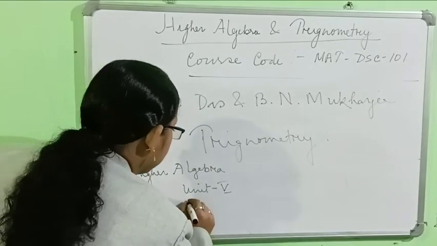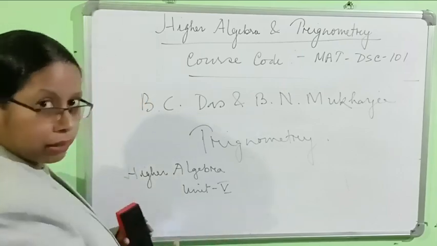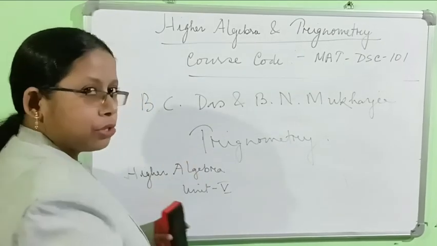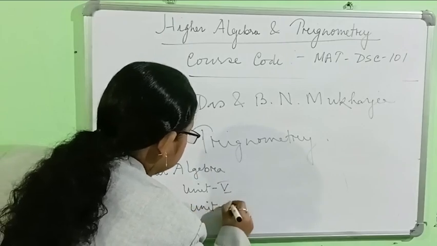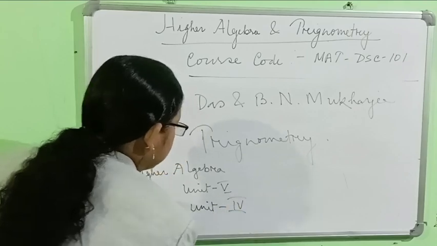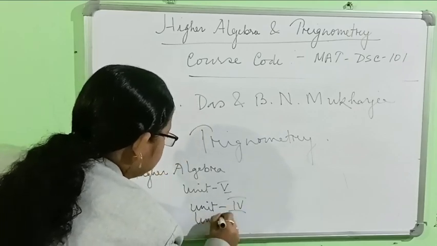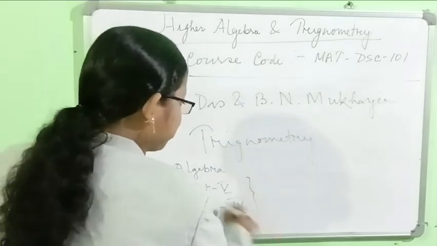Then rank of a matrix, linear equations, Gauss elimination method, etc., which is available in the syllabus. Then I will study unit 4. Then I will study unit 3. Okay, after complete, that is reverse order.